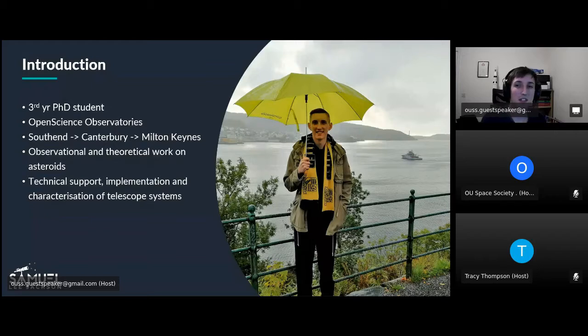Approximately half of my research focuses on observational and theoretical studies of asteroids. The other half is technical support, implementation, characterization and testing of telescope systems. And these halves are combined together into one cohesive project through the use of the OpenScience Observatories. I'll come on to the details of the observatories a little bit later in the talk.